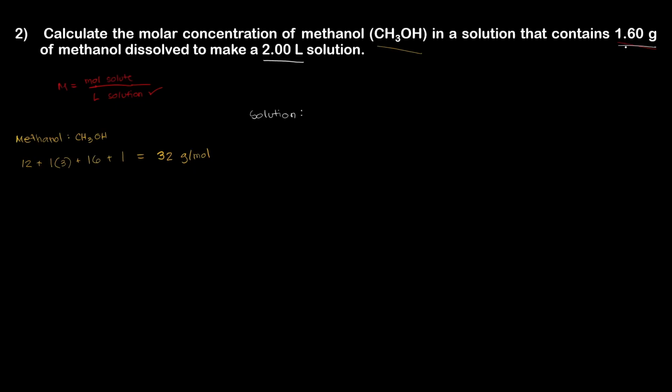So let's use the given mass. So 1.60 grams of methanol times, okay, we know the molar mass. So 1 mole of CH3OH weighs 32 grams.